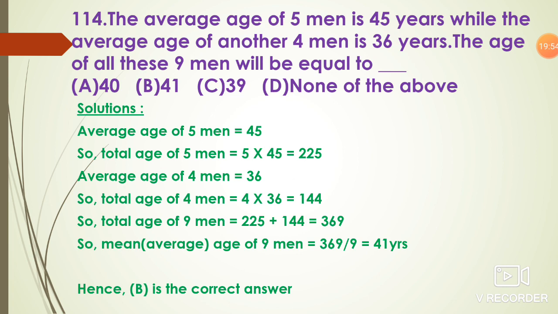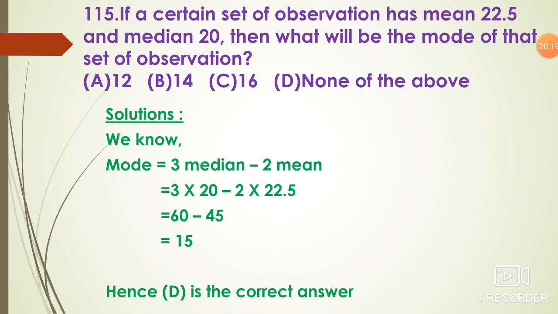The average age of 4 men is 36, so the total age of 4 men will be 4 into 36. So the total age of 9 men will be the addition of those two numbers. That means 225 plus 144, that means 369. So the mean age, that means the average age of 9 men, will be 369 by 9. That means 41 years. Hence B is the correct answer.